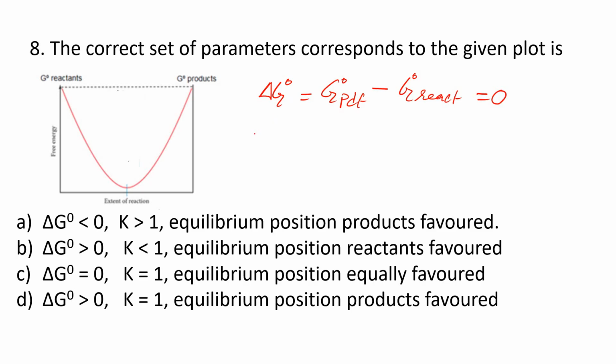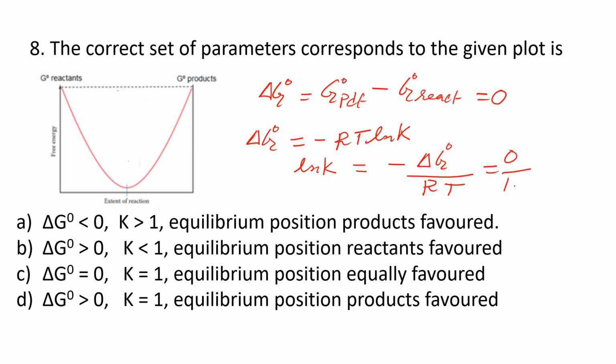We know that delta G0 is equal to minus RT ln K. So ln K is equal to minus delta G0 divided by RT. Now delta G0 here is 0. So 0 by RT is equal to 0. ln K is equal to 0.